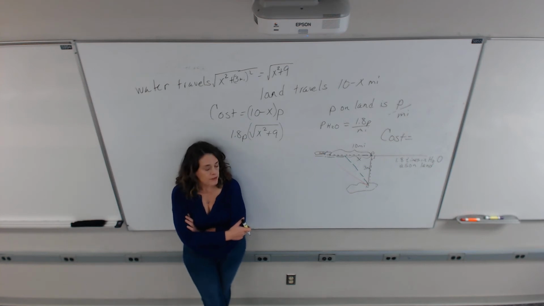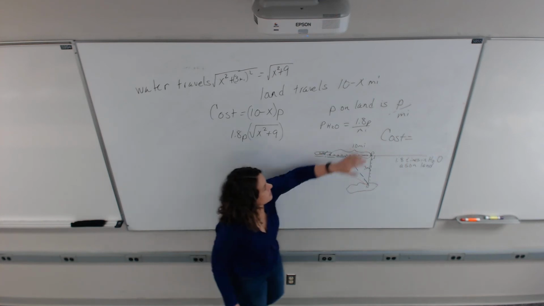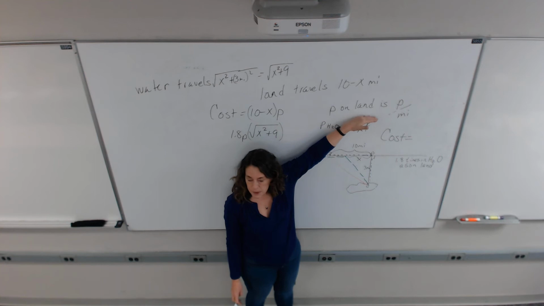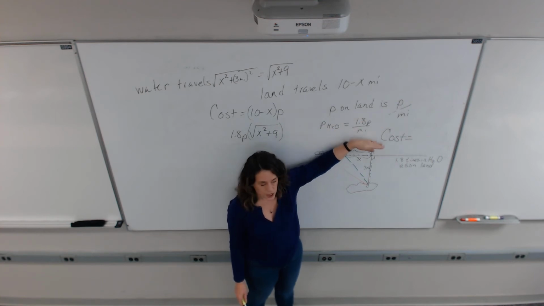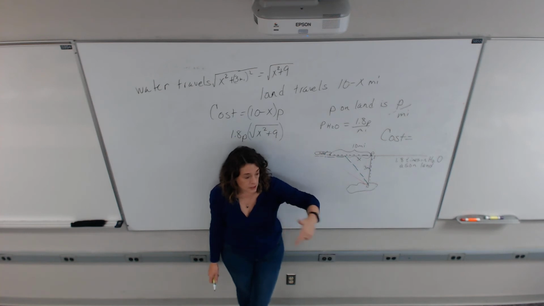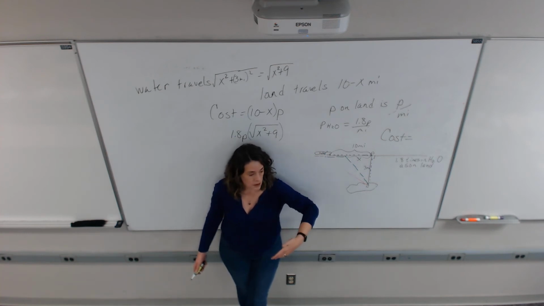The price per foot or mile is not going to change, right? This is the price on land, and it is 1.8 times that much in the water. The P is not a variable. P never changes. That's how much it costs to lay the pipe on land, and 1.8 times that is how much it costs to lay the pipe in the water. So the P is not going to affect where the critical values are because it's a constant. We don't know what it is, but it's a constant.